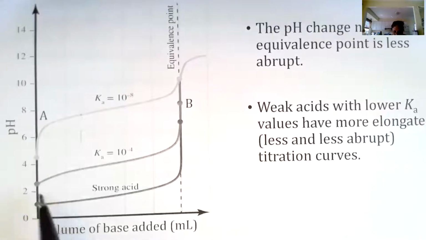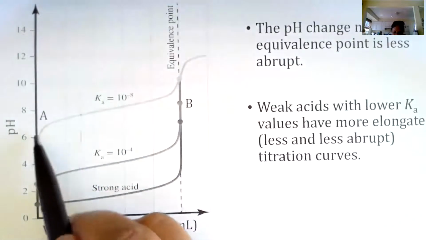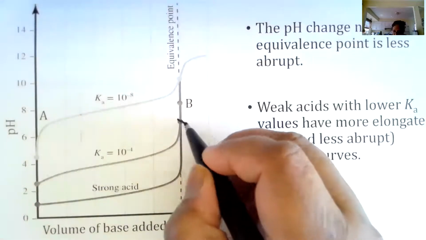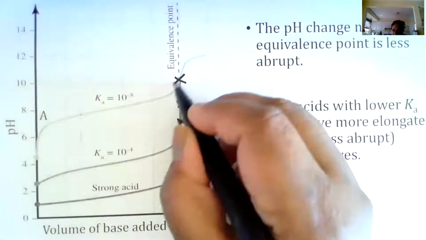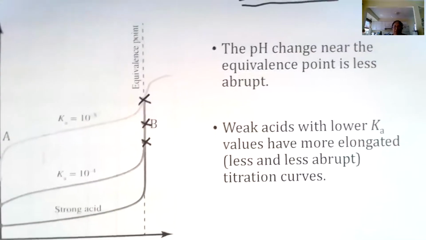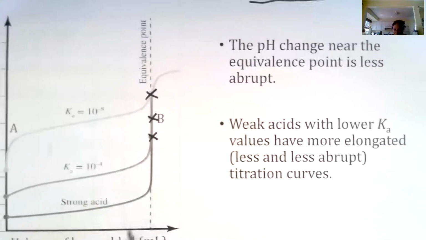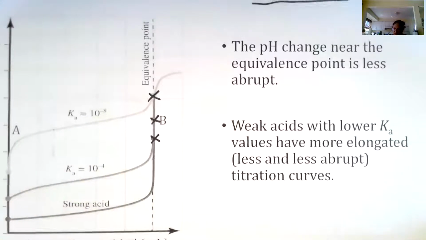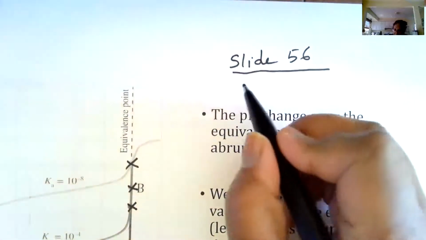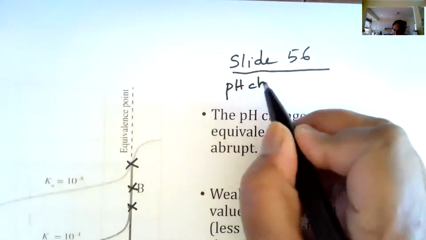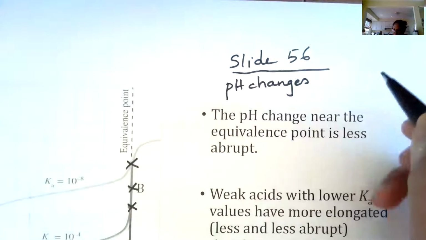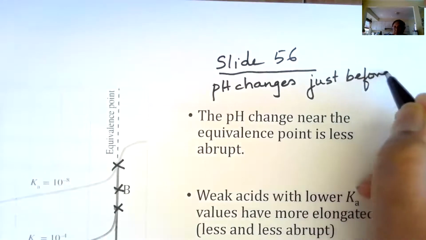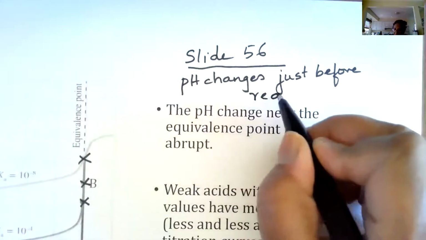What happens initially after the addition of the base? And then what about pH values at the equivalence point? Next, we are going to look at the changes close to the equivalence point. What are the changes just before reaching the equivalence point?